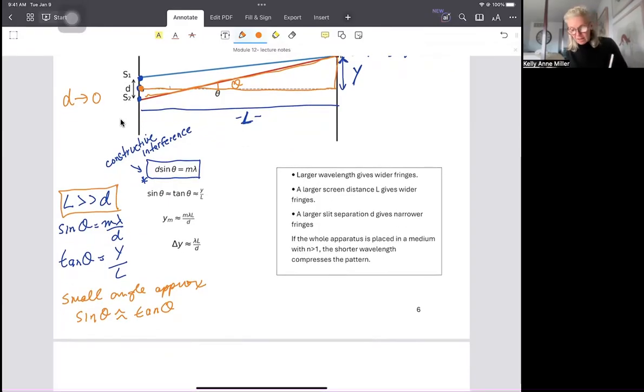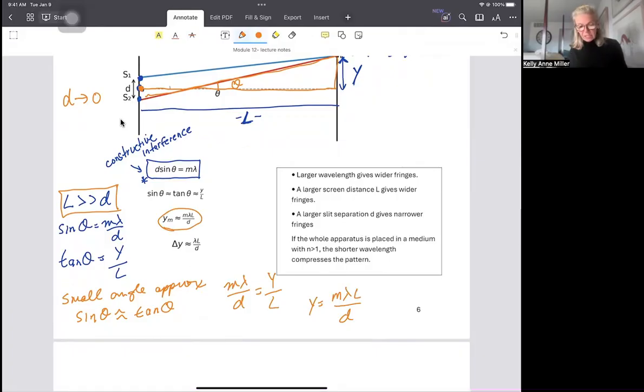So we can say that m lambda over d, which equals sine theta, equals y over L. That allows us to say that y equals m lambda L divided by d, which is this equation here.